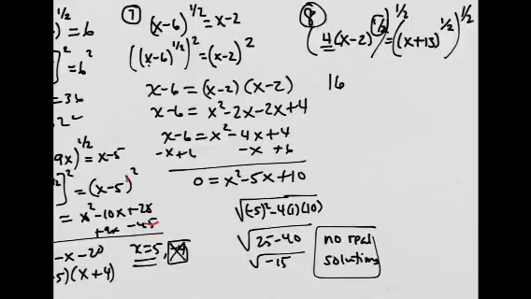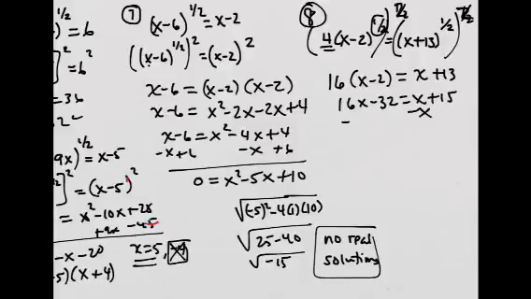Then, I'm sorry, I put 1/2. I meant to put 2. Sorry about that. 1/2 squared is 1, because 1/2 times 2 is 1. And so I get x minus 2 on this side. On the right side, it's x plus 13.